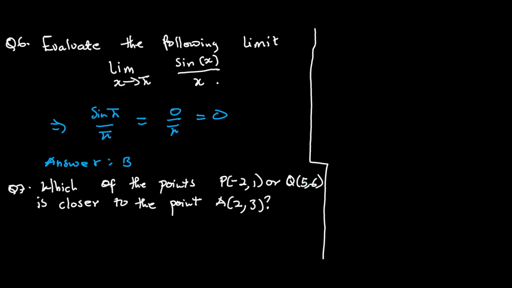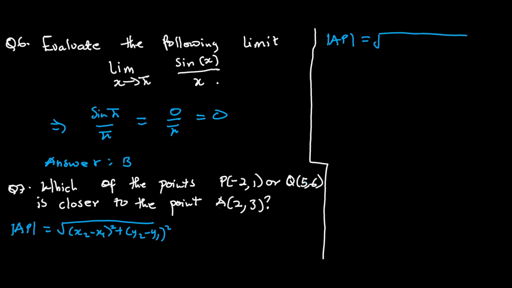So first we evaluate the point P. The distance from A to P will be the square root of, and the formula gives us (x2 minus x1) squared plus (y2 minus y1) squared. So we have distance AP equal to, from A to P, I'll use P as my x2 and y2.